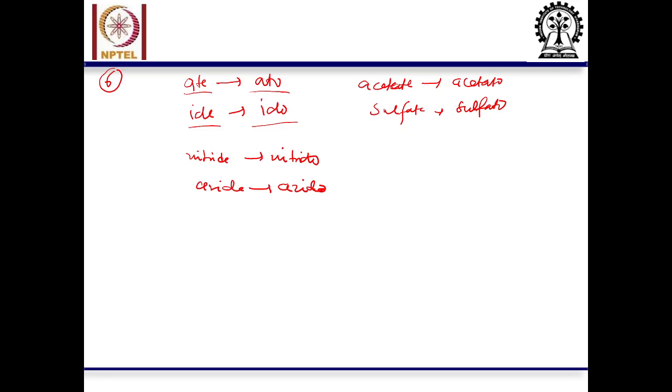In the anionic ligands also, there are some ligands which have been given special names, like CN minus, which we write as cyano or cyanido. If we have F, it is called fluorido.